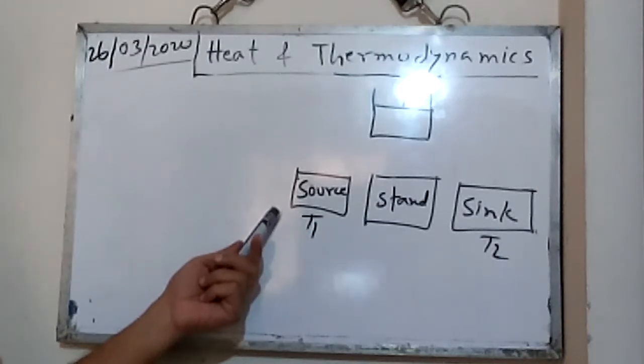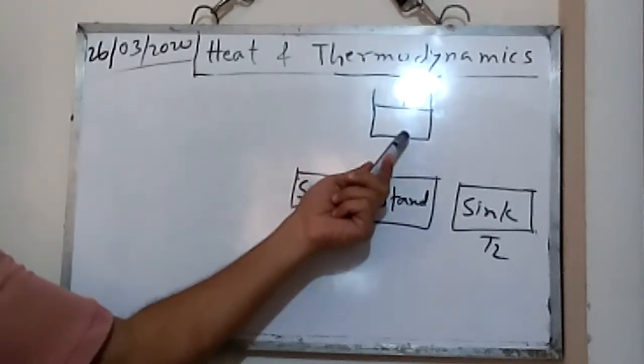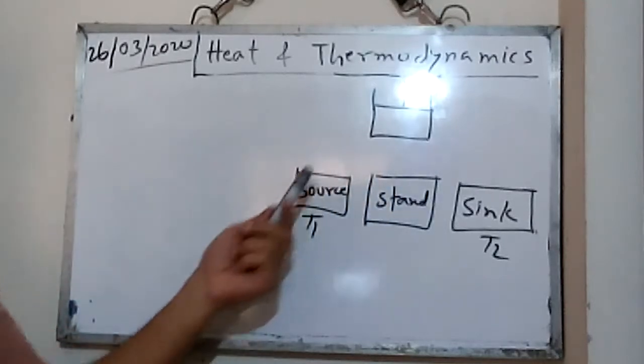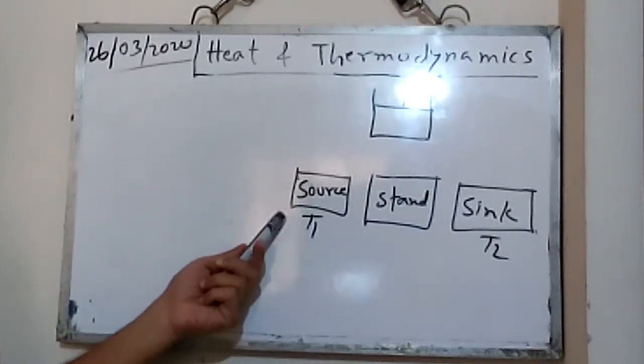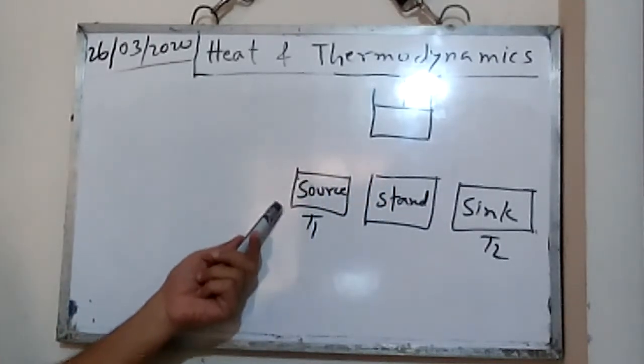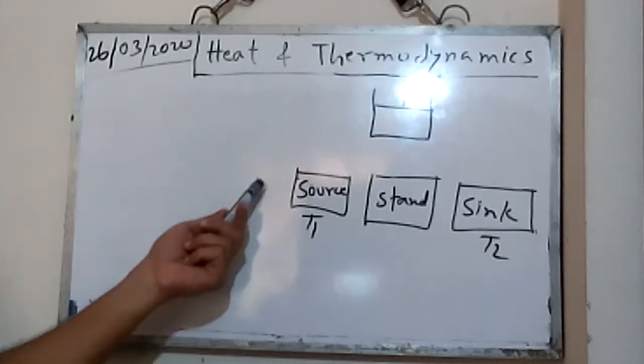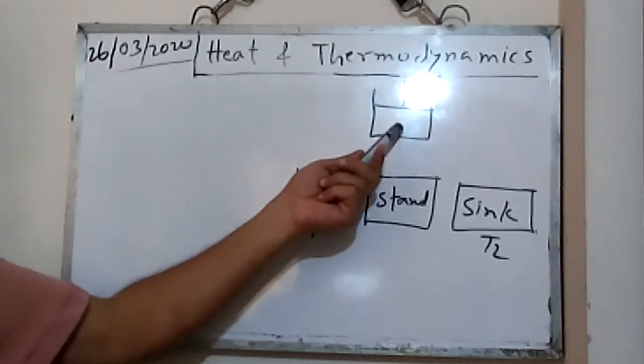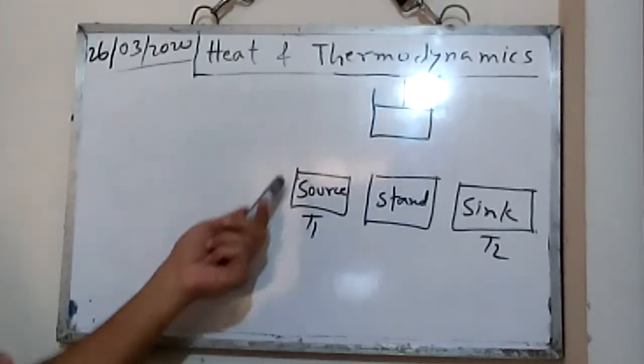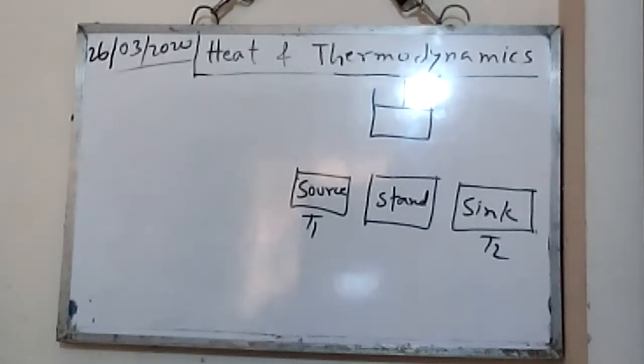This is the first operation, where the bottom of the cylinder is placed in contact with the source, and the gas or air is allowed to expand slowly.